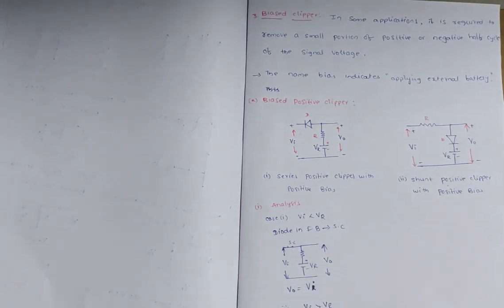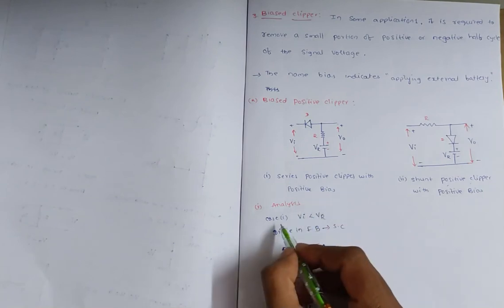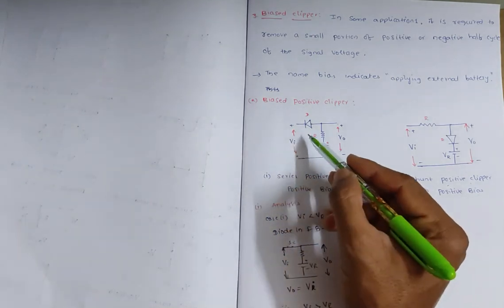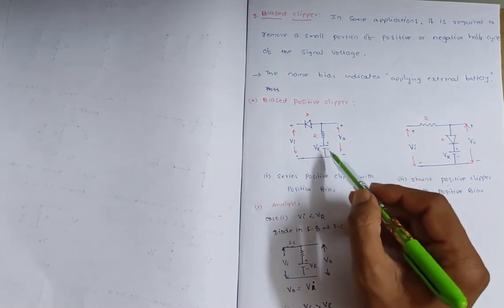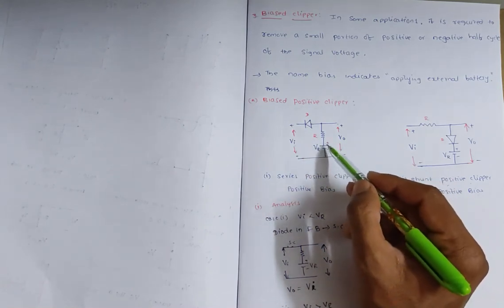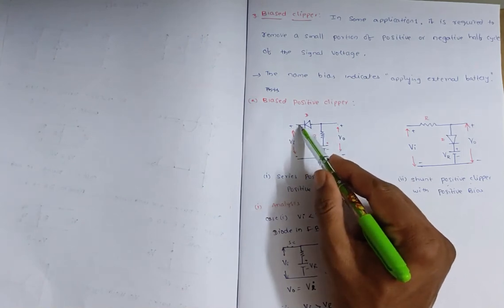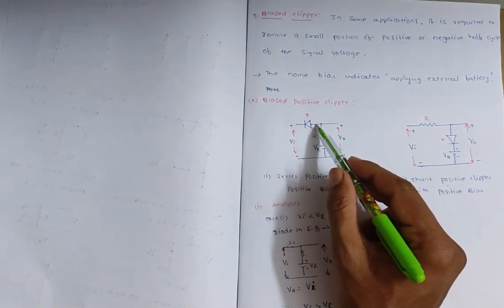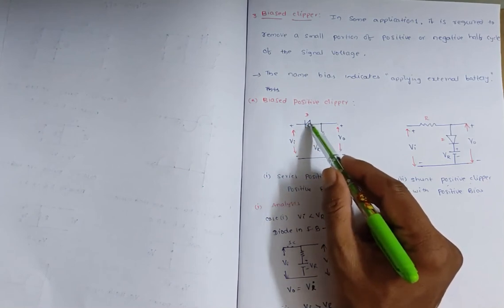So here I am considering the series positive clipper with positive bias. Considering case 1, that means input potential is less than the reference voltage. Here VR is the reference voltage. VR is connected to the anode terminal of the diode, Vi is connected to the cathode terminal of the diode. So when anode voltage is more compared to the cathode voltage, the diode becomes forward biased.